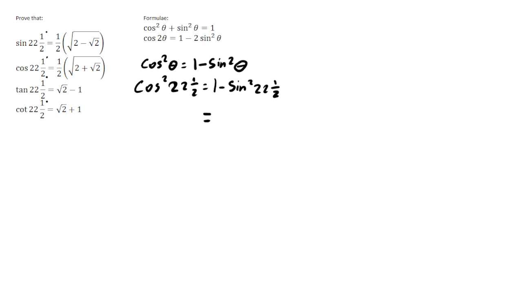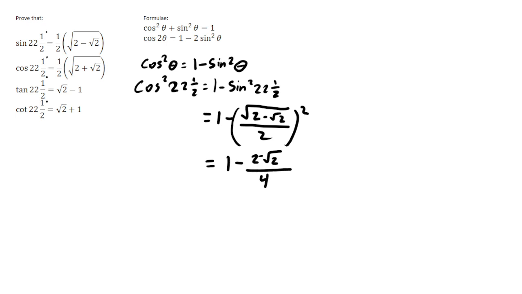So we can rewrite this as 1 minus that. And if we simplify that, we get cos squared 22.5 is equal to that.